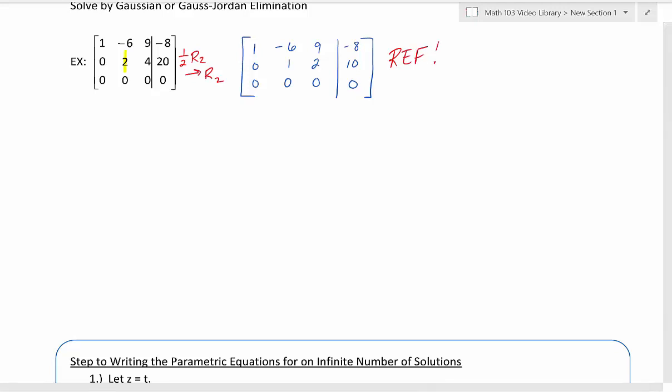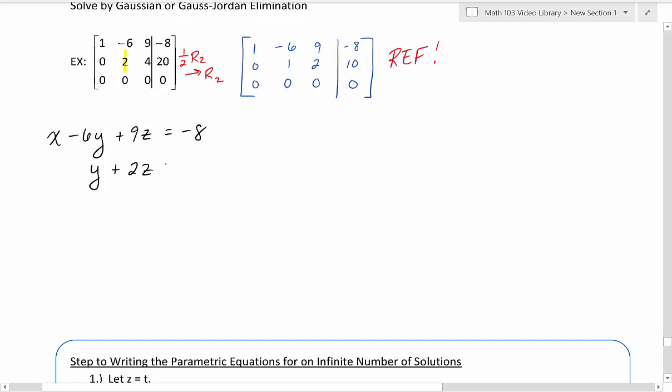That means that we're ready to write our equations and then back substitute. We get the equations x minus 6y plus 9z equals -8. y plus 2z equals 10.